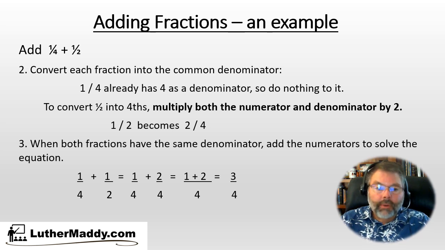And so we would end up then with 1/4 plus 2/4. So once we have that done, 1/2 plus 1/4 equals 1/4 plus 2/4, and we add the numerators together, 1 plus 2. We leave the denominator alone of 4, and so we end up with 3/4.